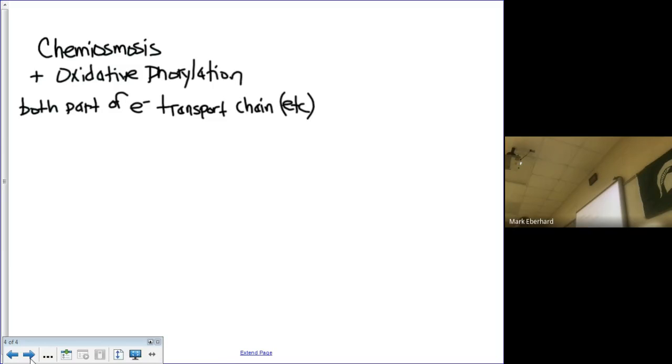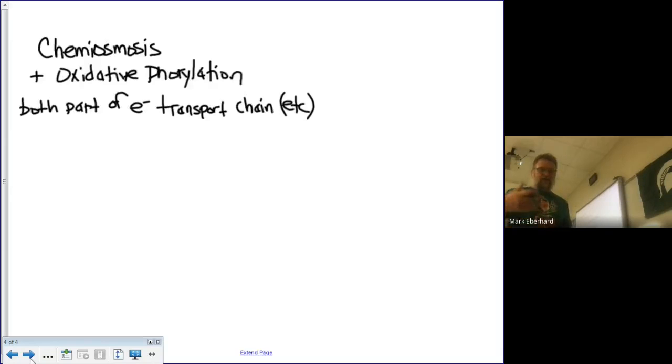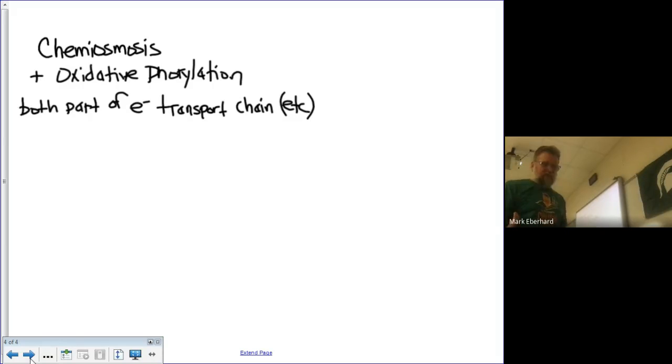So the electron transport chain, which is the physical pathway, is going to carry out two processes. The first process carried out by the electron transport chain is chemiosmosis. And the second is oxidative phosphorylation.